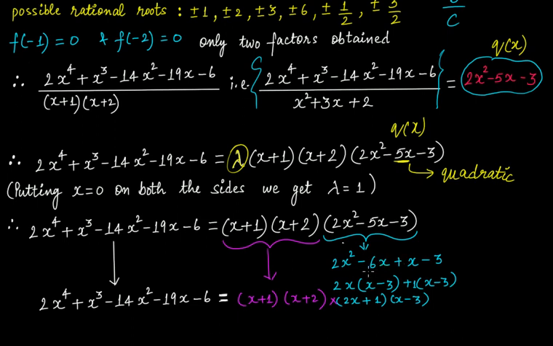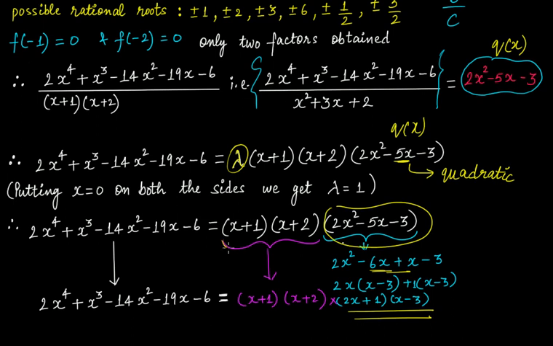Minus 6x plus x gives minus 5x, and minus 6 multiplied by 1 is minus 6, which equals 2 multiplied by minus 3. This is the splitting of the middle term that we use when we calculate factors. So finally you get (2x plus 1) multiplied by (x minus 3).